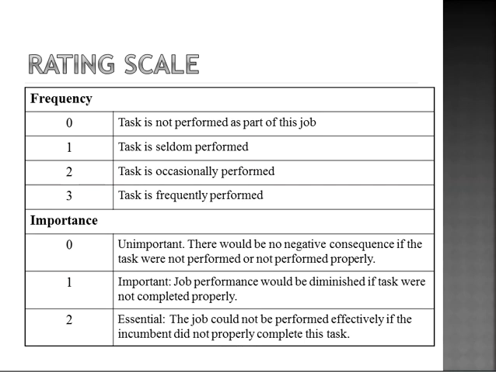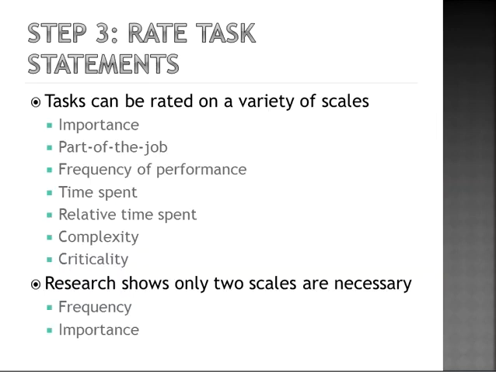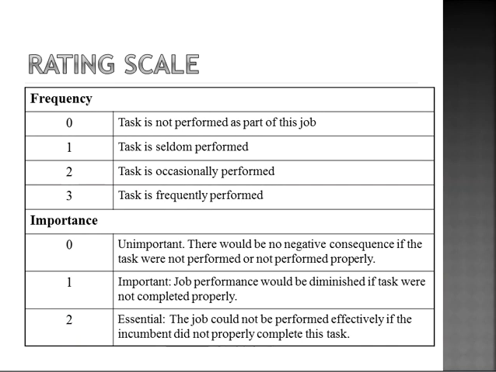So here is an example of a rating scale, looking at frequency and importance, the two items from the rate task statements which are seen as being necessary. We have frequency. The task is not performed as part of the job, 0. 1, the task is seldom performed. 2, the task is occasionally performed. Or 3, the task is frequently performed. Importance, 0.